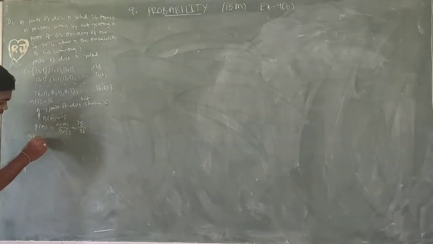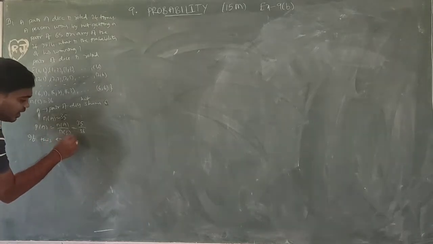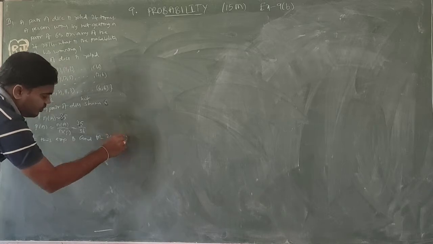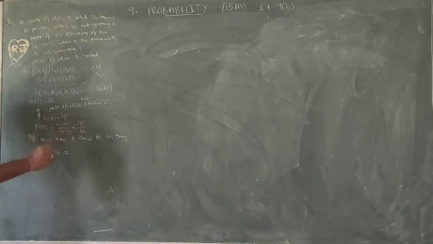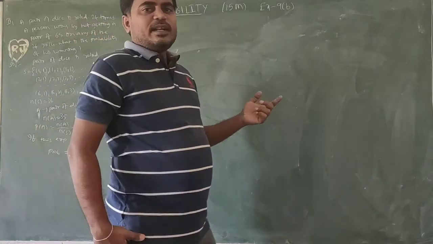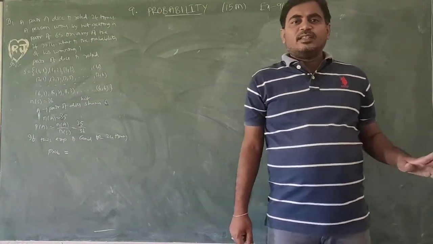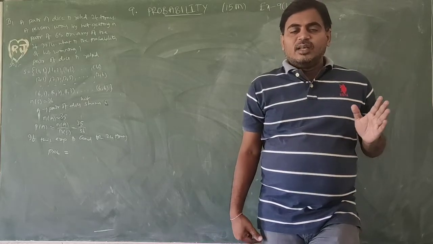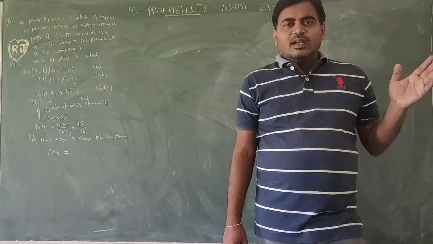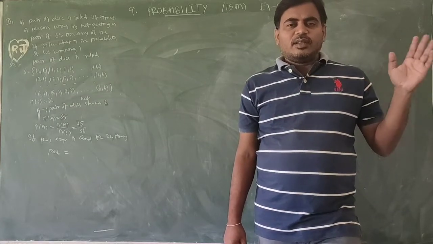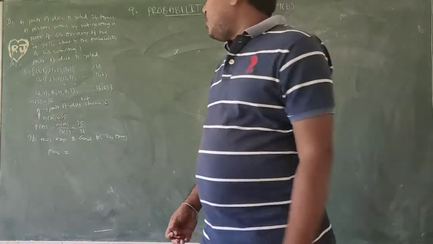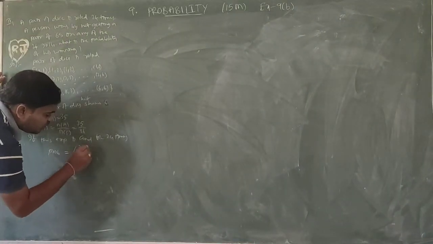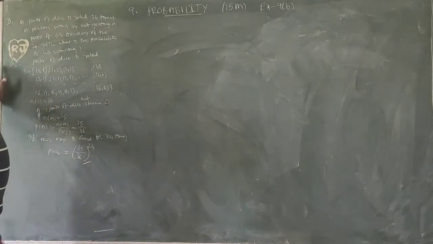If this experiment is conducted for one time it is 35 by 36, two times it is 35 by 36 into 35 by 36, that is the whole square, 5 times whole power 5, 24 times whole power 24. So (35 by 36) whole power 24 is the required probability.